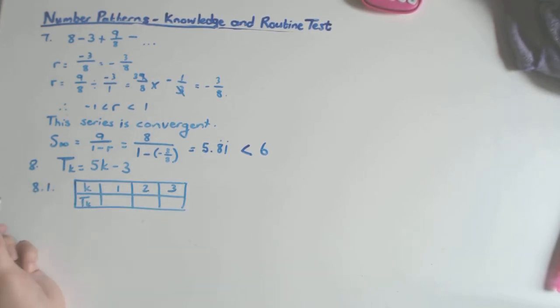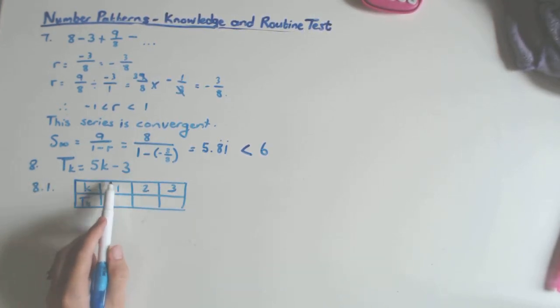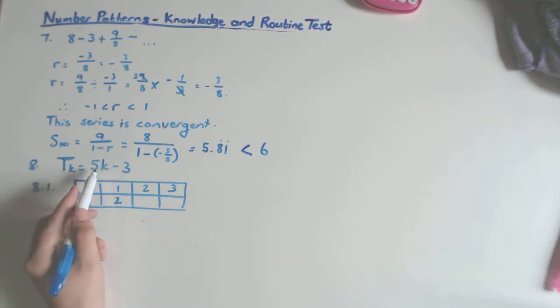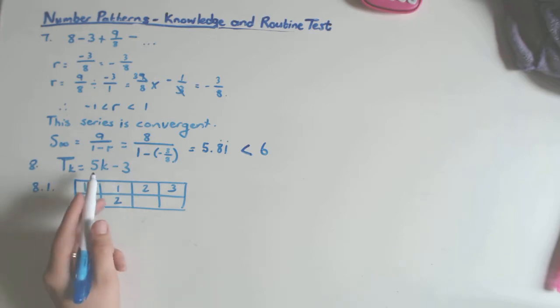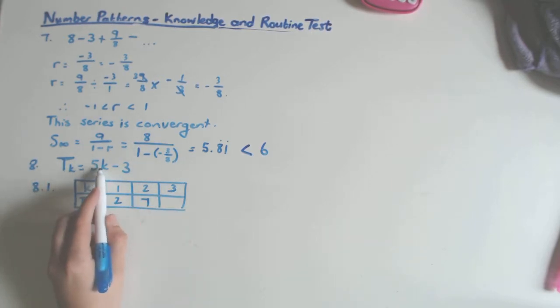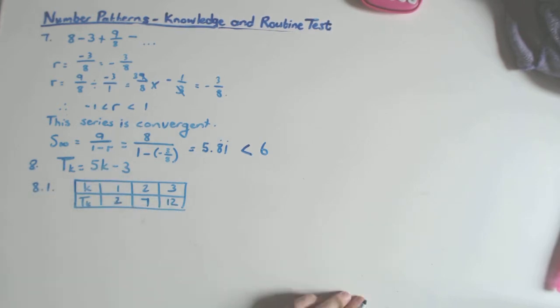Then the term is tk. So if I substitute 1 in there, 5 times 1 minus 3 gives me 2. 5 times 2 minus 3 is 10 minus 3 is 7. And 5 times 3 is 15 minus 3 is 12.